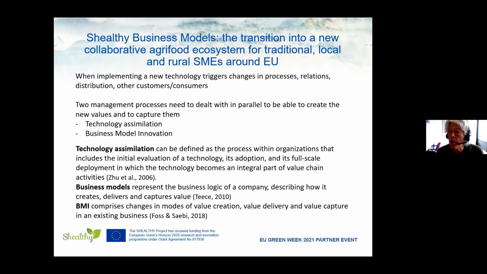And then we're talking about technology assimilation and business model innovation. So technology assimilation can be defined as a process within organizations that includes the initial evaluation of the technology, its adoption, and the full-scale deployment. Ultimately, a company needs to benefit, so it needs to embed that new technology within its organization. And the business model represents the business logic of a company, describing how it creates, delivers, and captures the value.